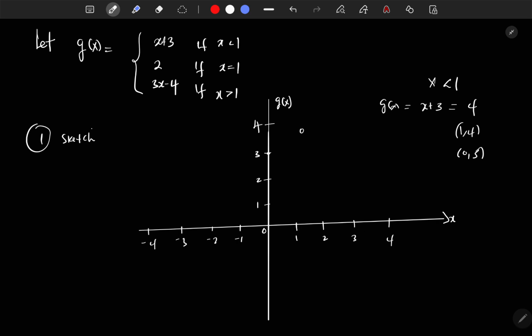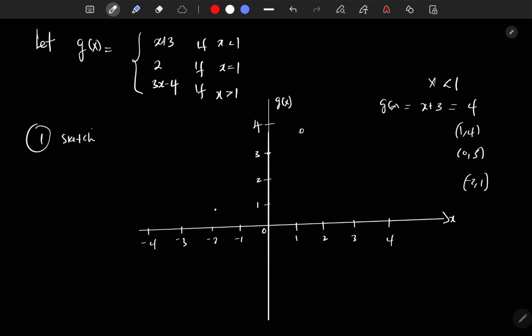Next, if you get any term, for example -2, -2 is less than 1. So if I put -2 here, I'll be getting 1. That means I have the point (-2, 1), which is somewhere here, and that point is included.